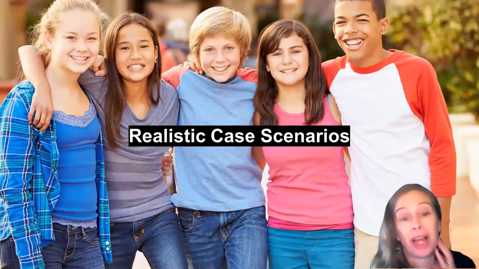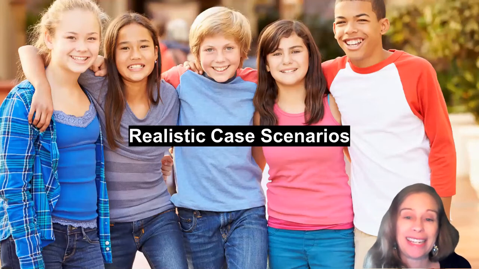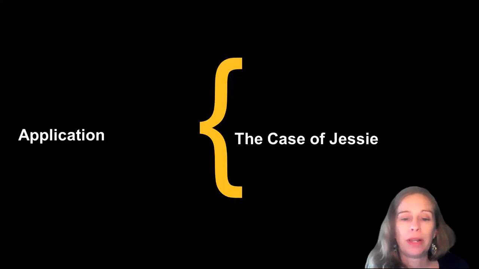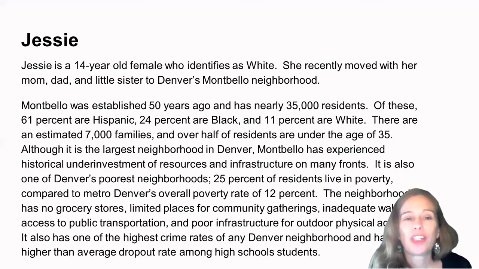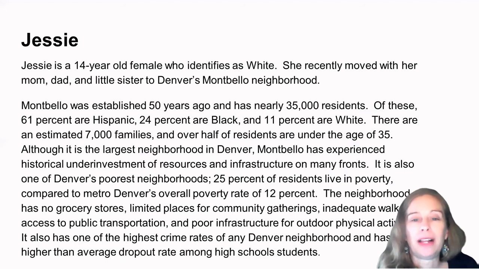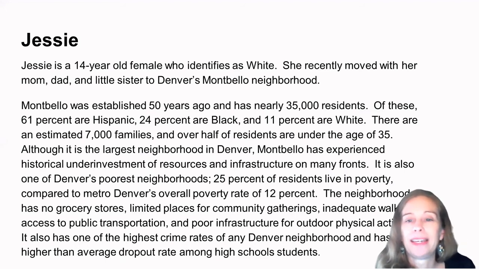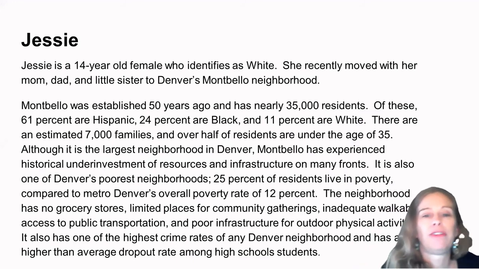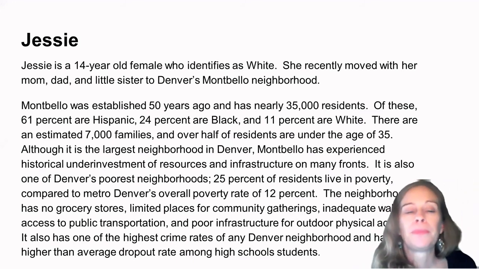What I love about these modules is we have lots of different case examples. I would like to show you the case example of Jessie, which is an application of community-based prevention practice. Jessie is a 14-year-old female who identifies as white. She recently moved with her mom, dad, and little sister to Denver's Montbello neighborhood.